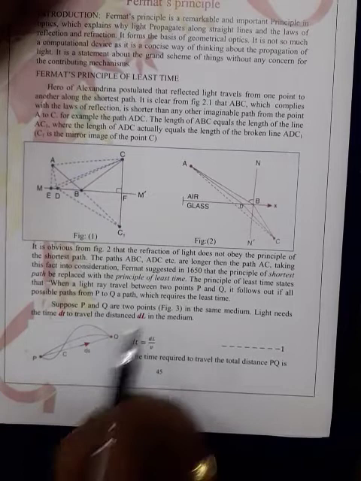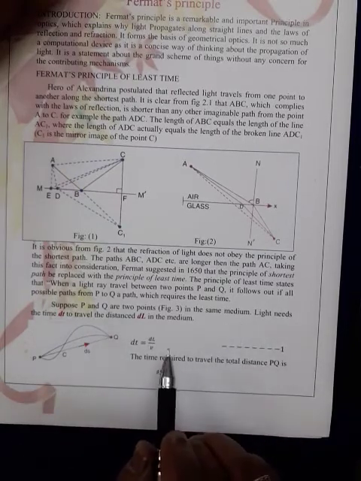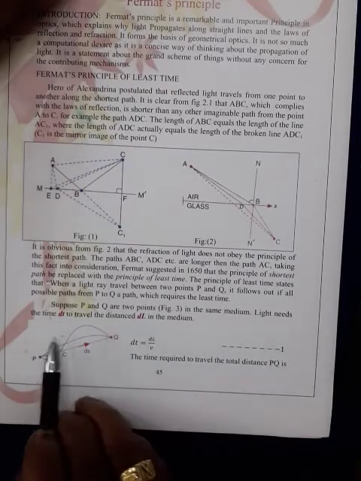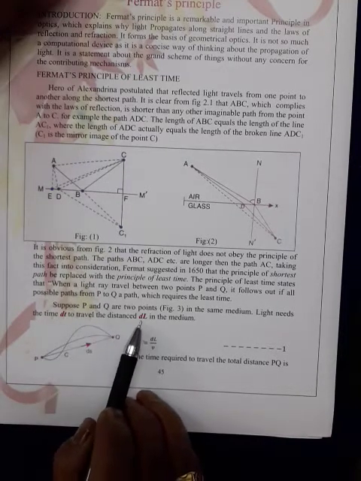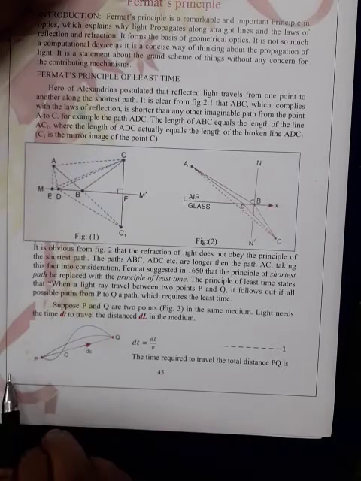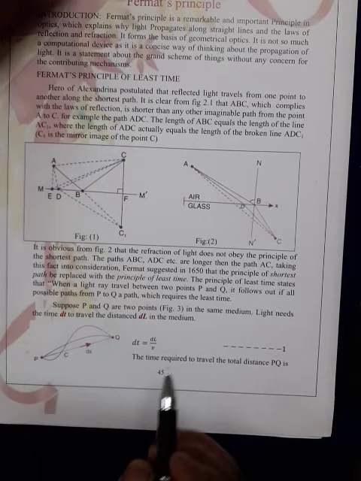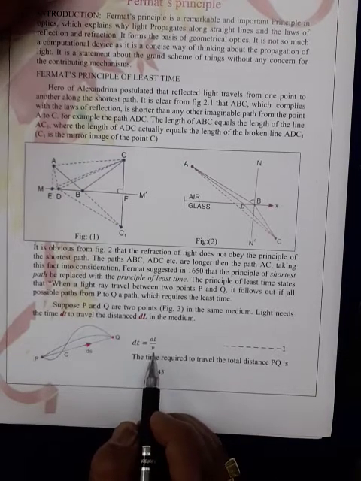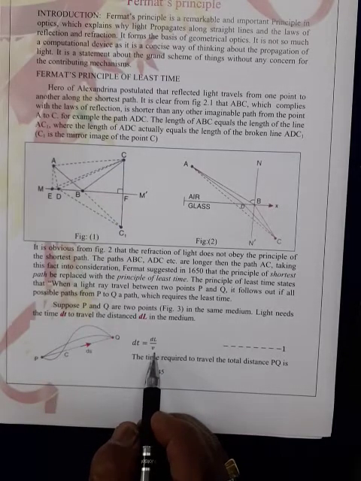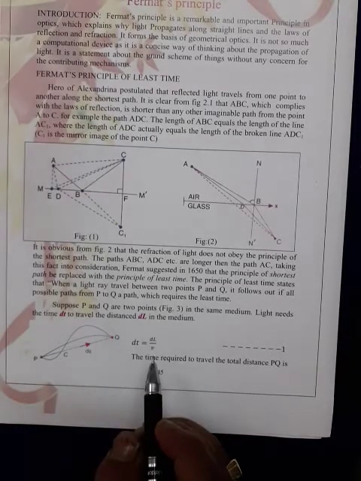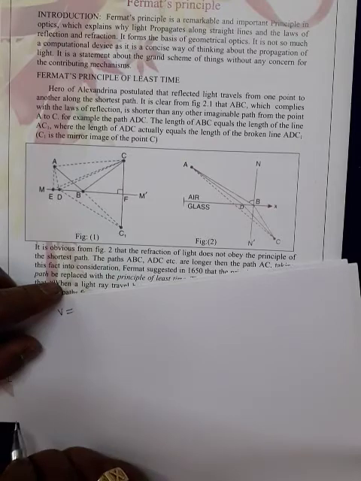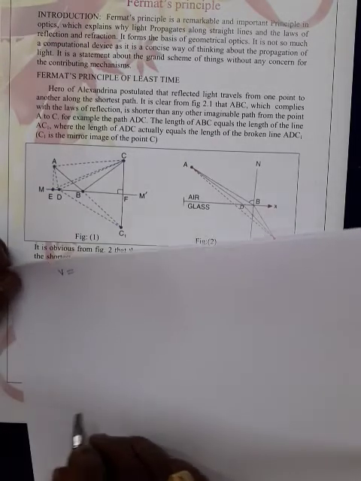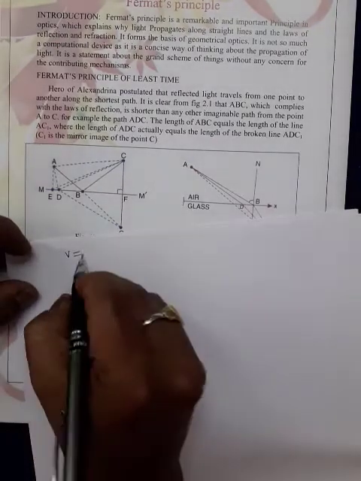Suppose P and Q are two points in the same medium. Light needs the time dt to travel the distance, say dl, in the medium. Then what is the velocity? Velocity is distance by time.